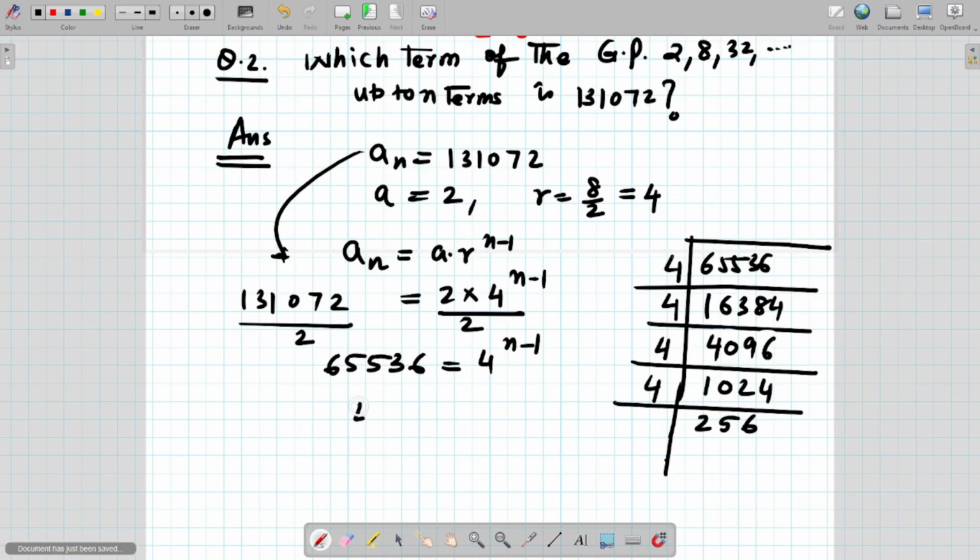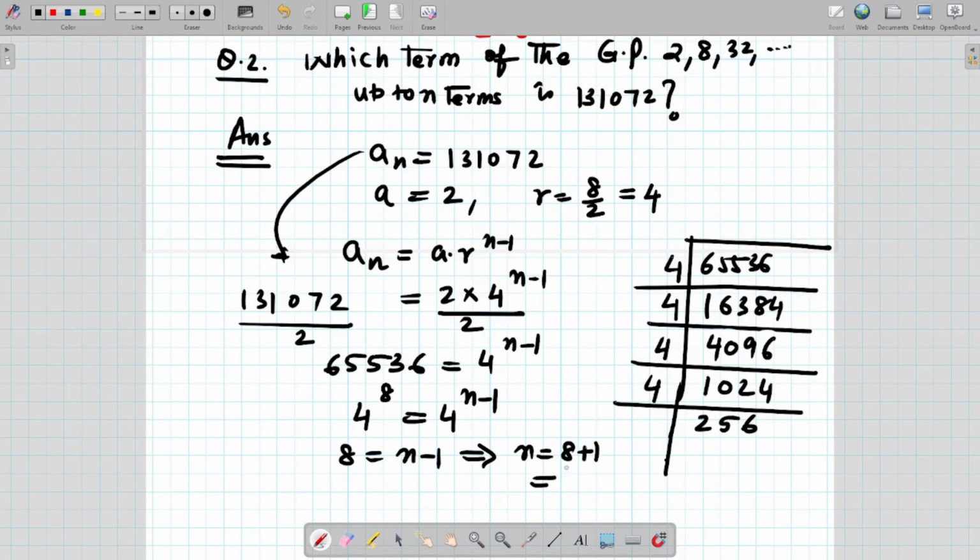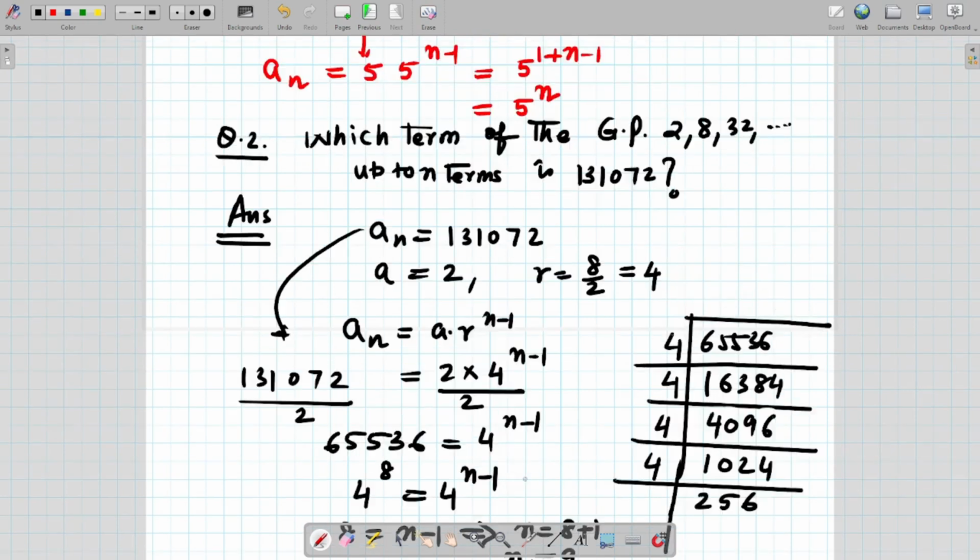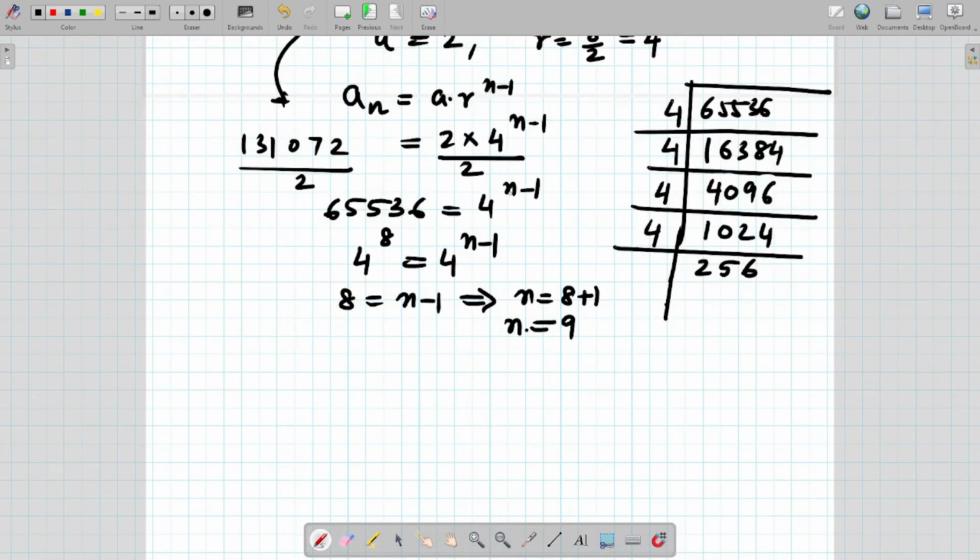So you can write here 4 की power 8 would be 4's power n minus 1, which means 8 is equal to n minus 1. We can also say 8 plus 1 gives you the value of n, which is 9. Okay, so n की वैल्यू 9 आ गई हमारी इस जीपी के हिसाब से.